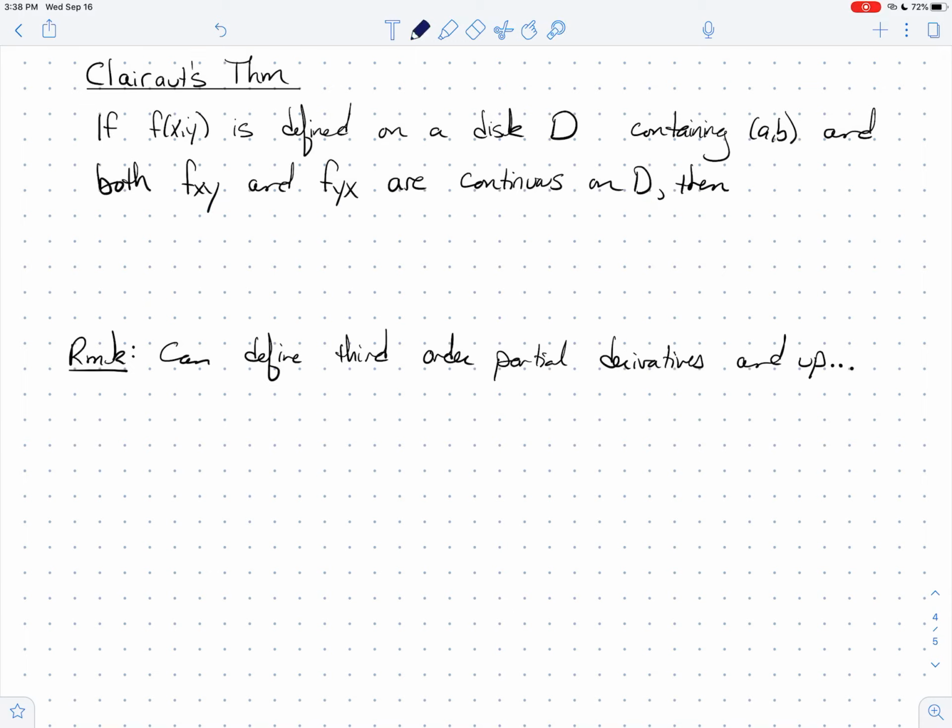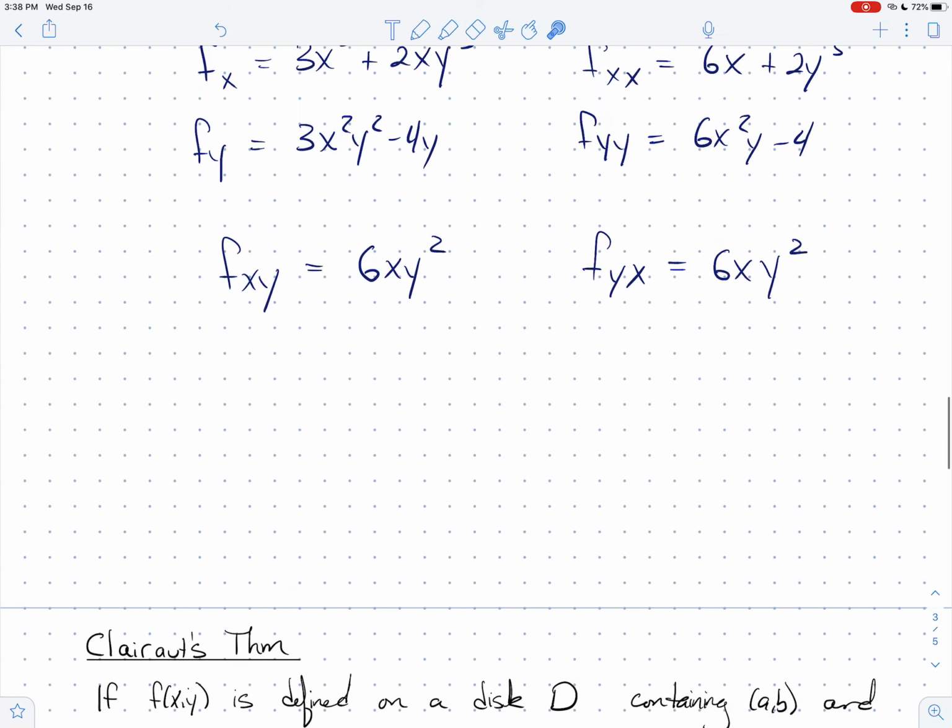Then in that case, f partial x partial y at the point (a, b) will be the same as f partial y partial x at the point (a, b). The moral is, for nice functions, and most of the functions we look at are going to be nice in this sense, the mixed second order partials are always going to be the same. And that's really handy to know, because then you don't have to compute both.